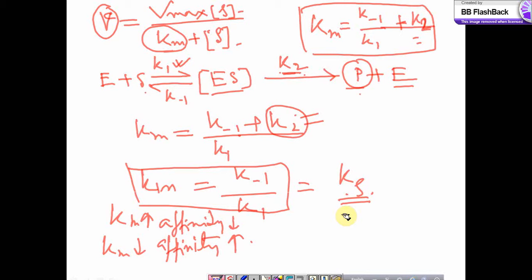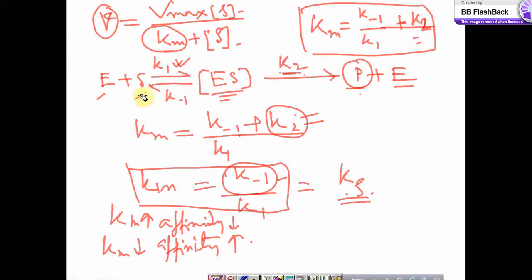So as this Km value increases, that means this k minus 1 value increases, that means the rate of the backward reaction is very high compared to the enzyme substrate formation. If the k minus 1 value increases, more enzyme and substrate will be formed from this ES.